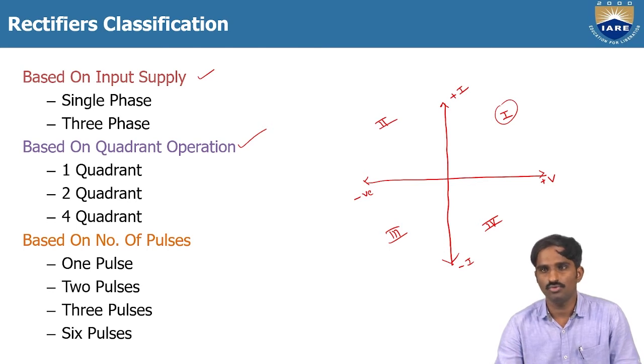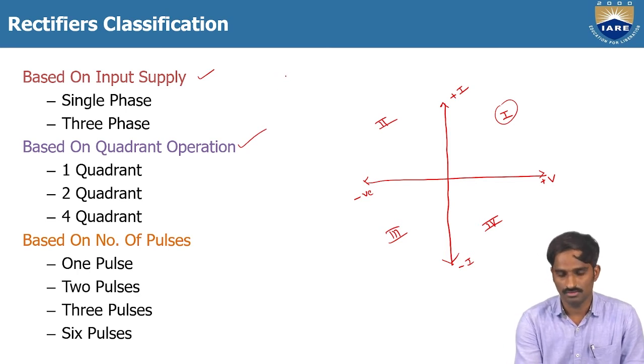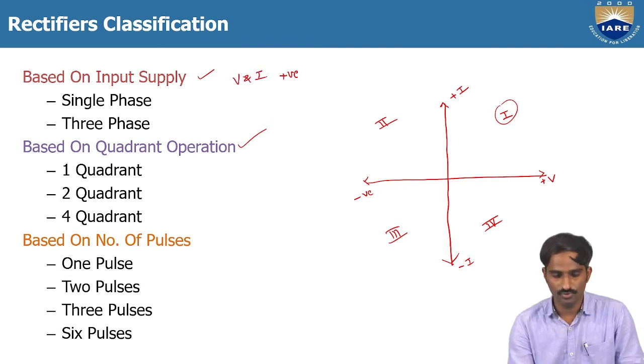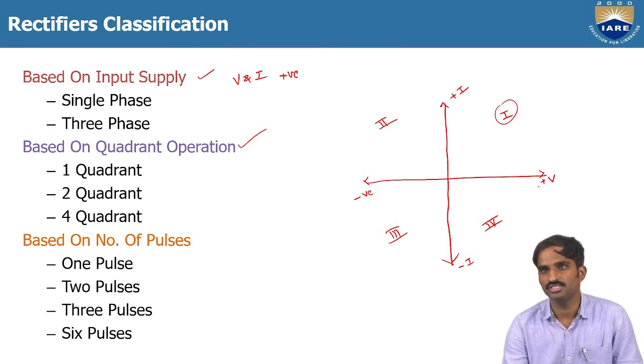In the case of the two quadrant rectifier, suppose let me consider in the one quadrant the voltage and current should be always positive, V and I. And in case of two quadrant, the current is always positive, but the voltage may be positive or negative, because up to some extent we may get the positive voltage and maybe after that we may get the negative voltage.